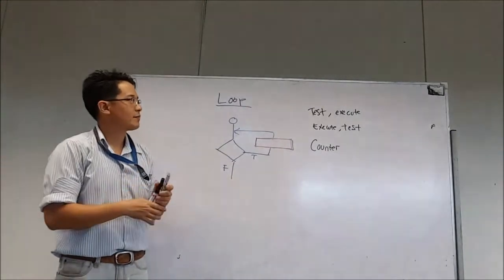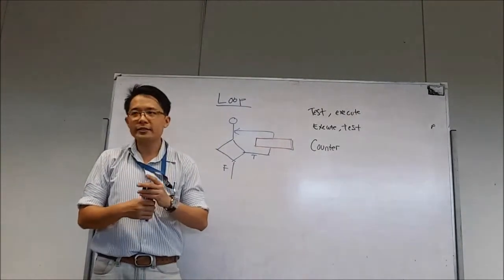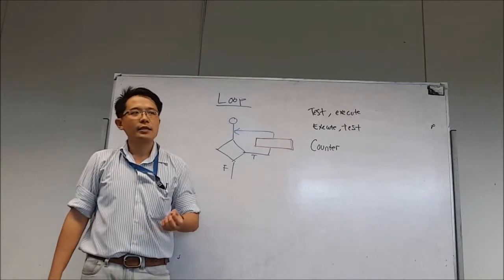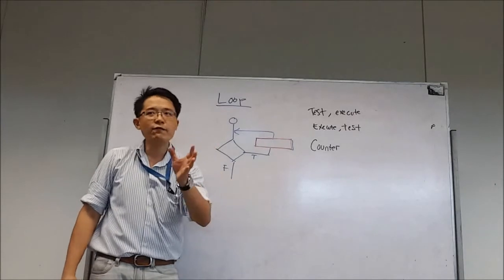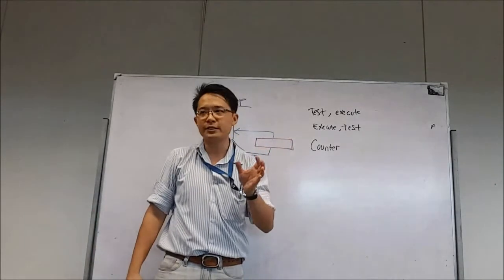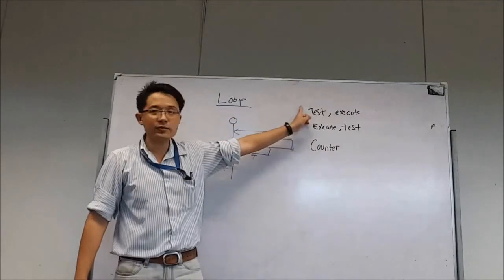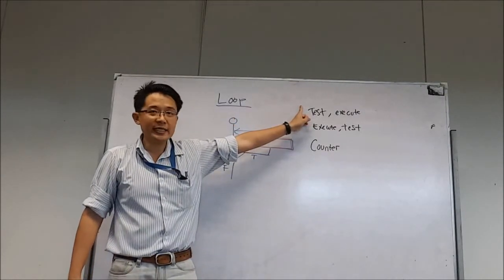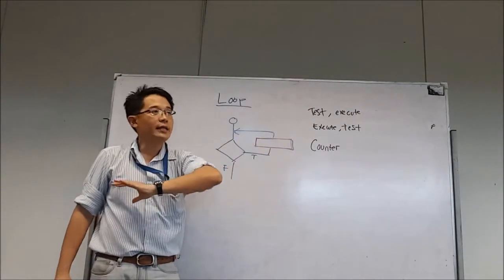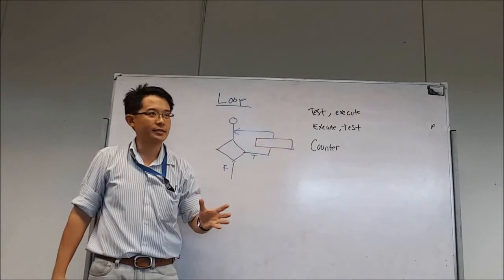The first loop: we will test first, then we execute. One example is password. If the password is correct, let you view the confidential data. That is test first, right? There's a chance that the test fails and it never executes. That means if your password is wrong, you never get to see the content.